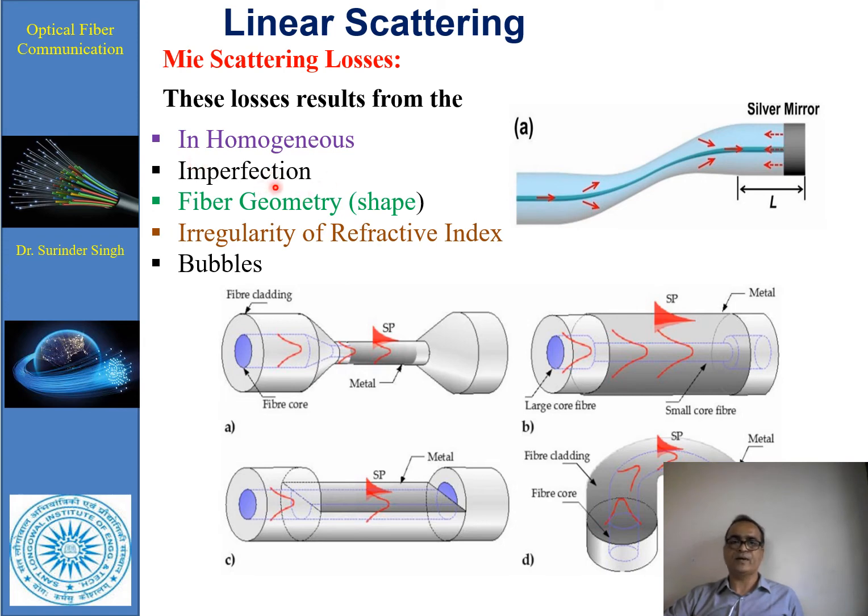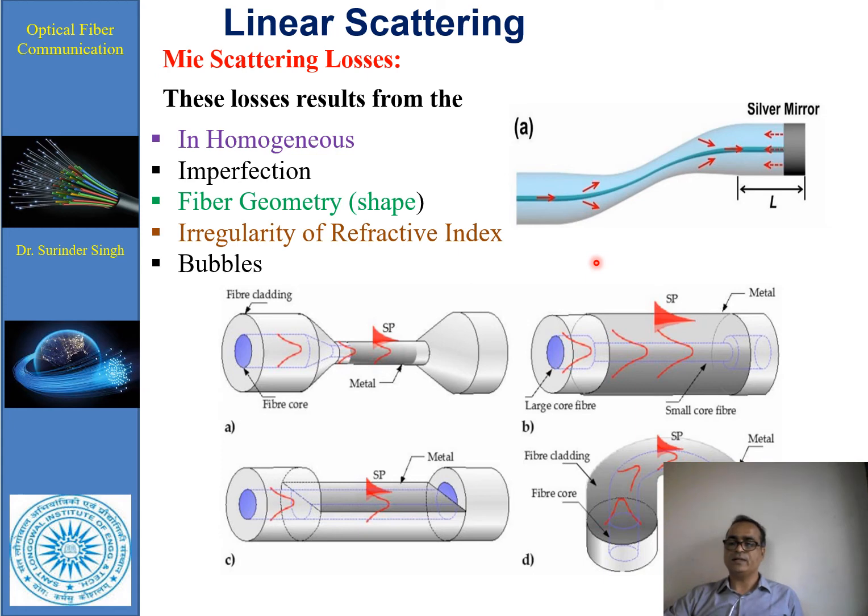So in an inhomogeneous fiber there are imperfections, fiber geometry irregularity or bubbles, which show a fluctuation in the diameter. Sometimes there is a refractive index difference, and sometimes there may be strain or bubbles formed, which cause scattering, and that scattering is Mie scattering, as the scattering inhomogeneity size is greater than lambda by 10.